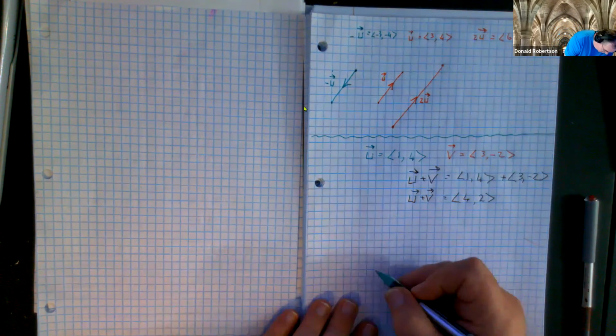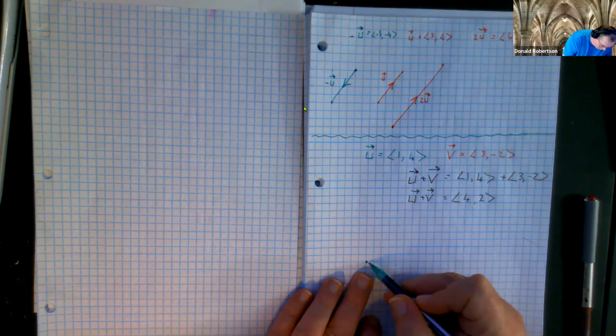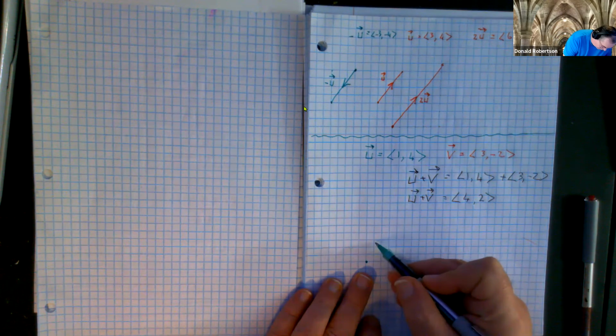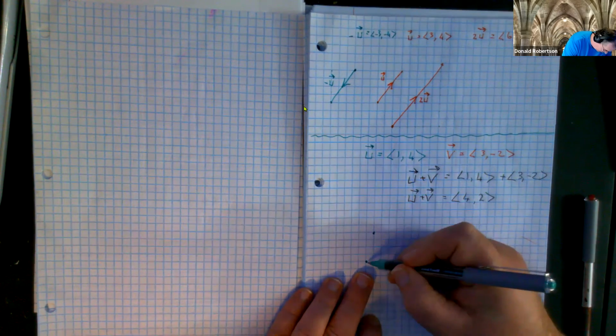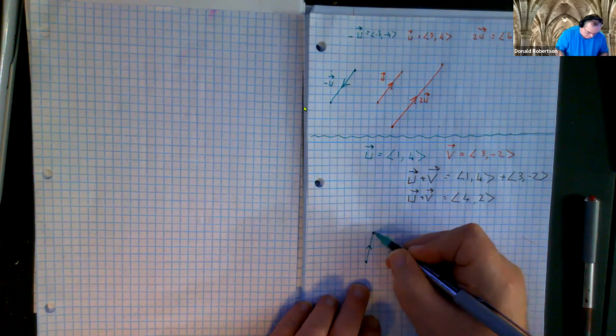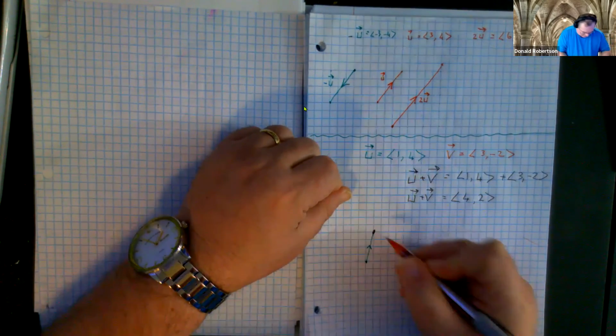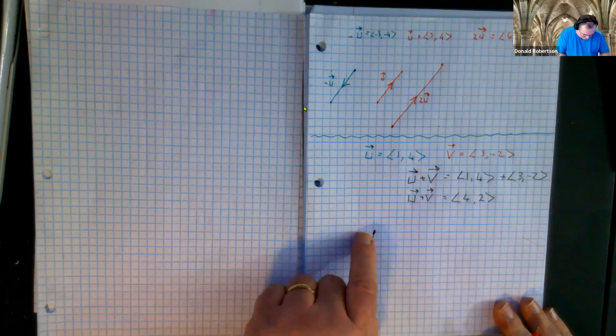So I'm going to start down here and I'm going to go 1 along and 1, 2, 3, 4 up. And I've now drawn the vector u, start to finish. The vector v then begins here. That's like the tail, that's like the nose, right?